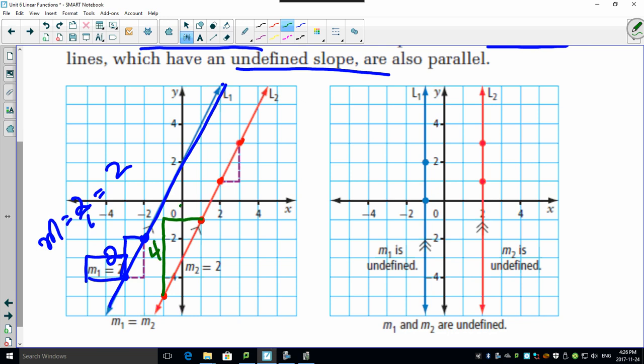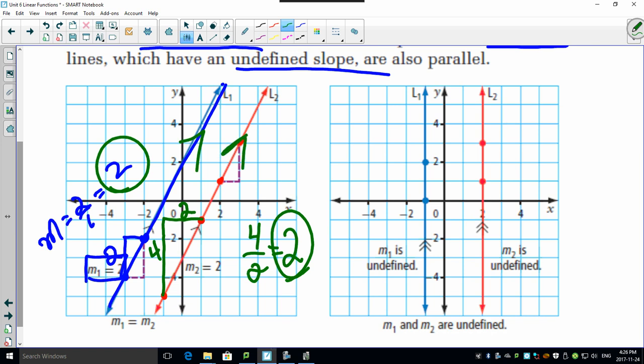Rise of 4, run of 2 gives me again a slope of 2. With both slopes being the same, I can comfortably say that those 2 lines are parallel. They're different lines because they intersect the axis at different points.